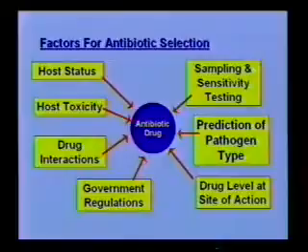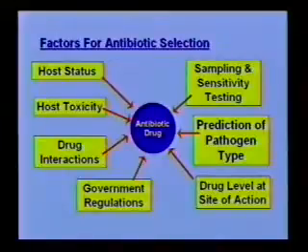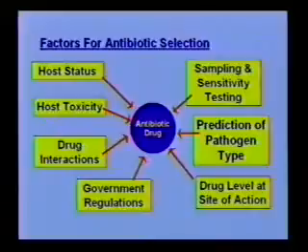And finally, other considerations related to the type of organism that an animal may be infected with, the species of that animal, the environment it is in, the nature of the infection, the location of the infection in the animal's body, whether we're talking about an organ system such as the respiratory tract, a cutaneous infection, some deep tissue infection, all come into play in terms of trying to determine what type of antibiotic agent may be best in treating a particular animal.